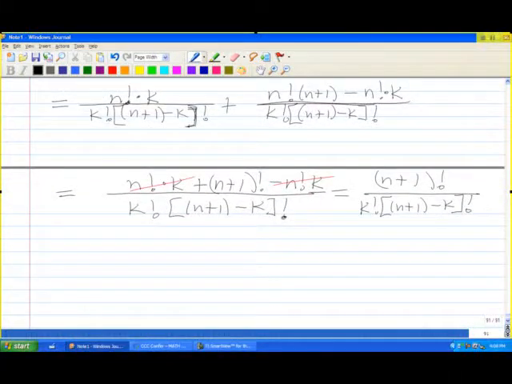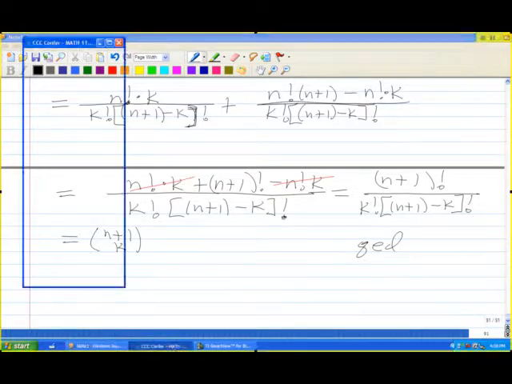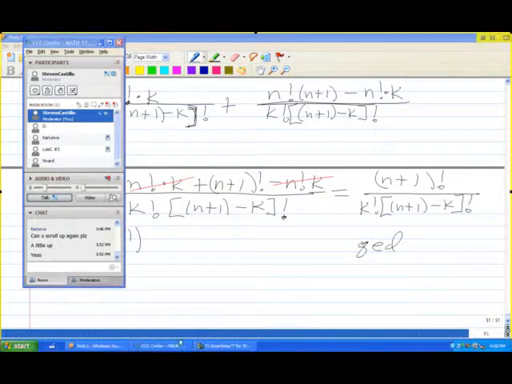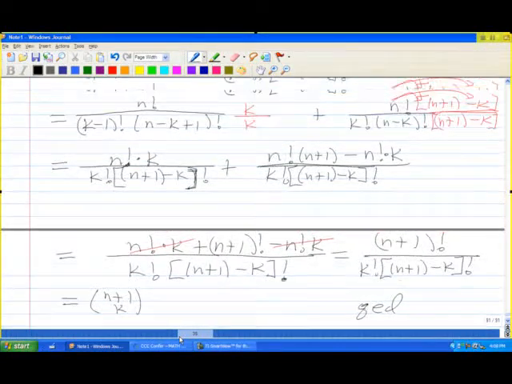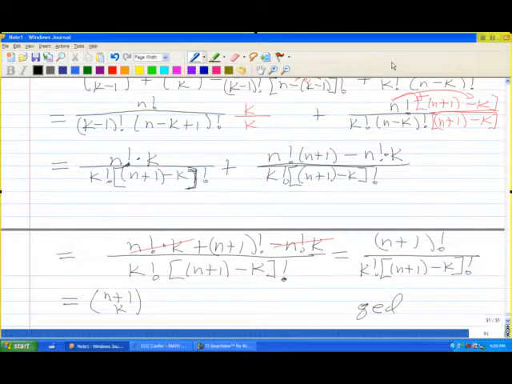But this is, by definition, n plus 1 Ck, the binomial coefficient. And so you are done. All you needed to do is really just find a common denominator. Once you found the common denominator, then everything falls out quickly.